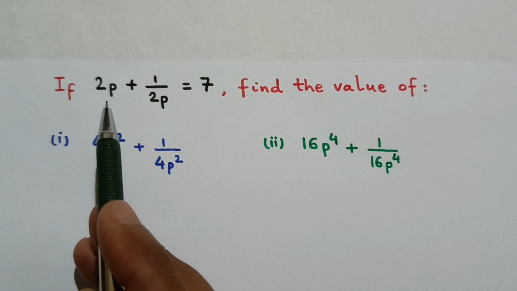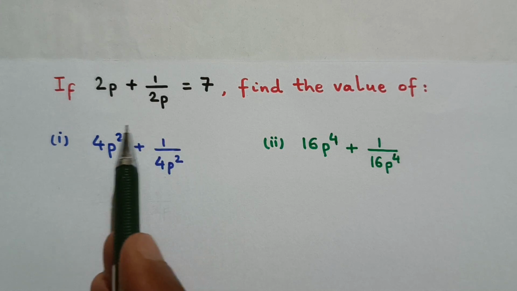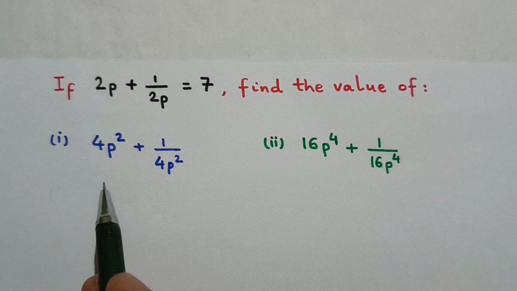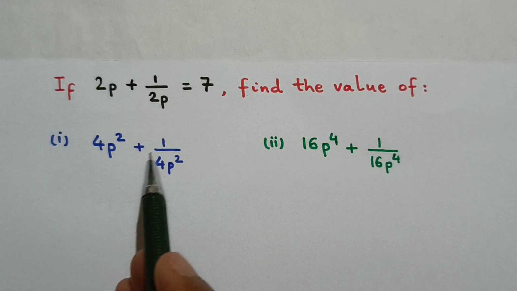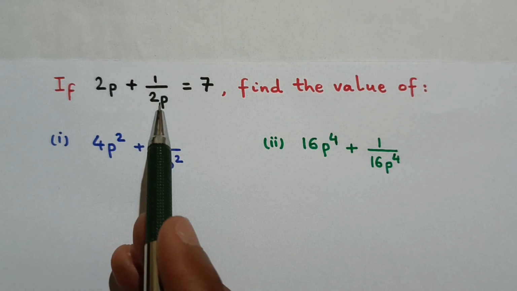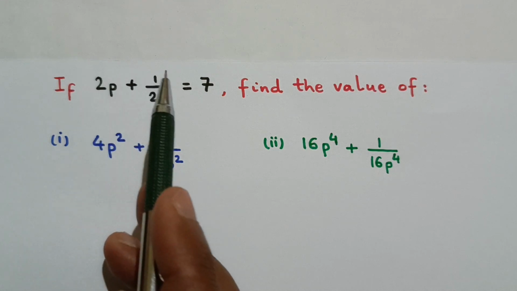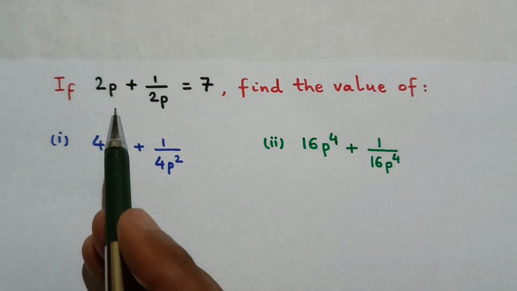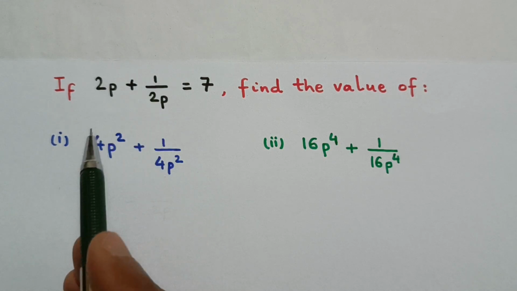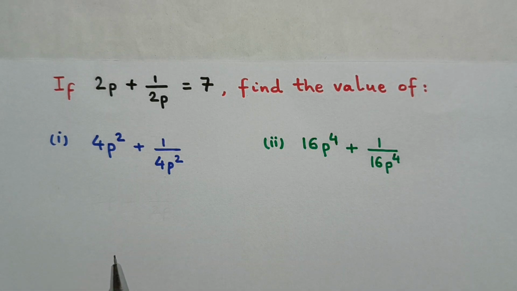Because if I square 2p plus 1 upon 2p, I will get the expression 4p square plus 1 upon 4p square.